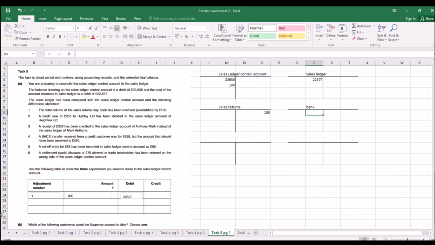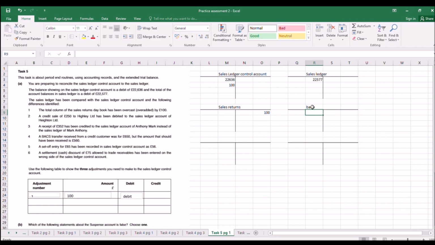Bank, we've received 650, and we've gone credit 650 over here, whilst it should have been 560. That's not what they did. They paid us 650. So what we actually have in the sales ledger will be minus 90, a credit of 90 within the sales ledger.